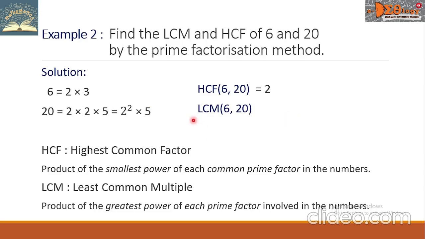In case of a common factor, we will take the greatest power. So we write here 2 squared, with 2 as common, and we take the greatest power. Then we write the factor 3 here. Then we copy the factor 5. We get the product. The answer is 60. This is the LCM.